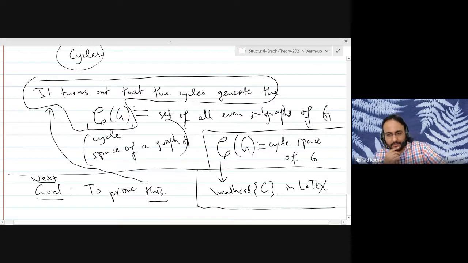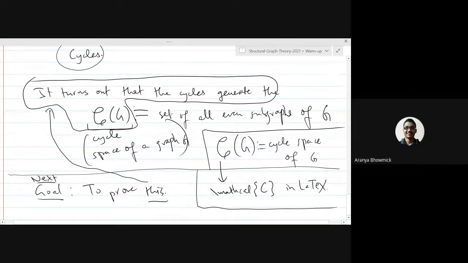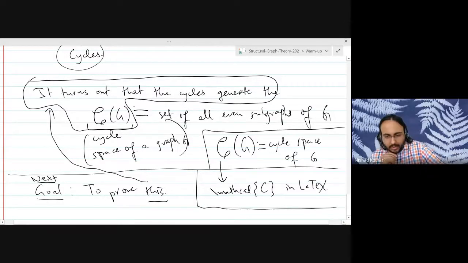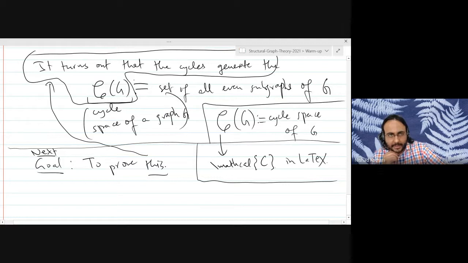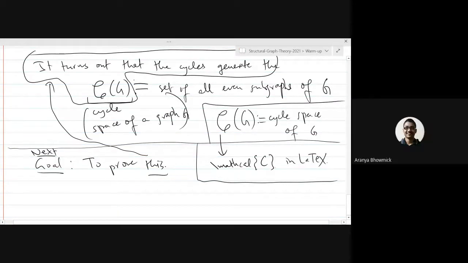Yeah, go ahead. I have a question. So, is the basis of this vector space all the induced cycles? Maybe. It's a good question. So you are saying that all the induced cycles might form a basis of this cycle space. Yes, exactly. I am just asking. Right. What we can show is that if we take any cycle C, and that cycle C is a chordless cycle, if it doesn't have a chord, then it itself.